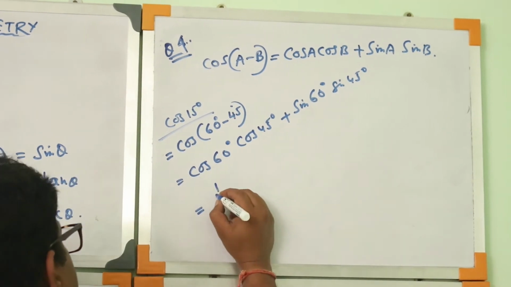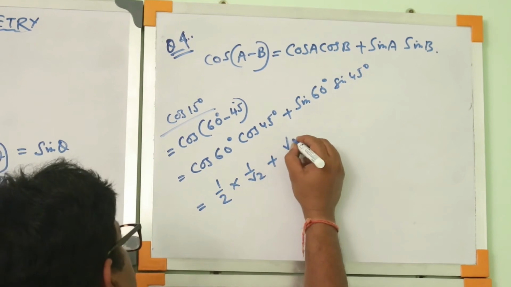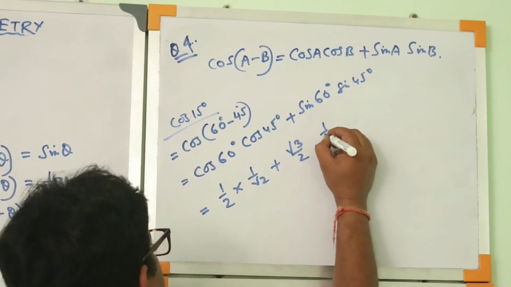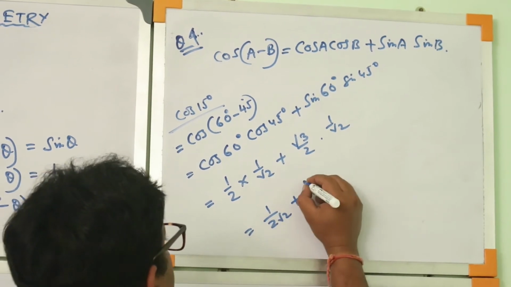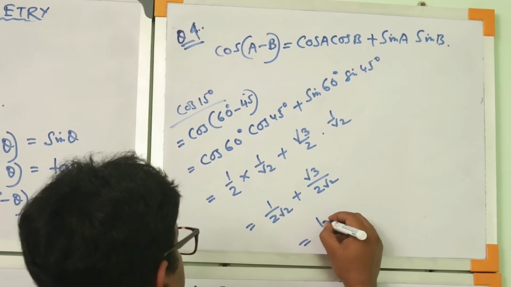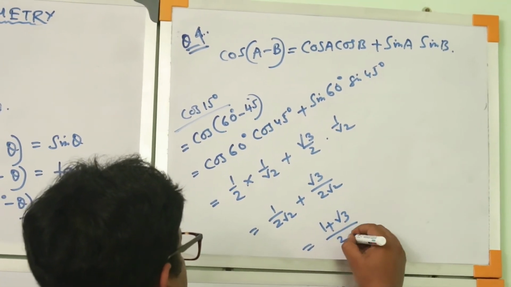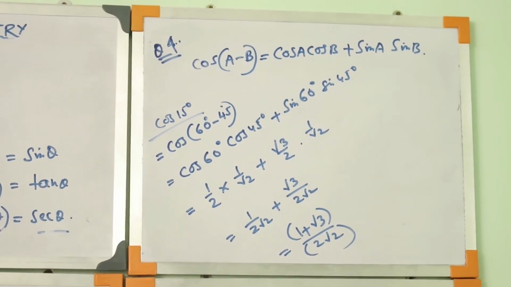Value of cos 60 is half, cos 45 is 1 by root 2, sin 60 is equal to root 3 by 2, sin 45 is equal to 1 by root 2. So what will be the value? 1 by 2 root 2 plus root 3 by 2 root 2. So what will be the result? 1 plus root 3 by 2 root 2. So this is the value of cos 15.